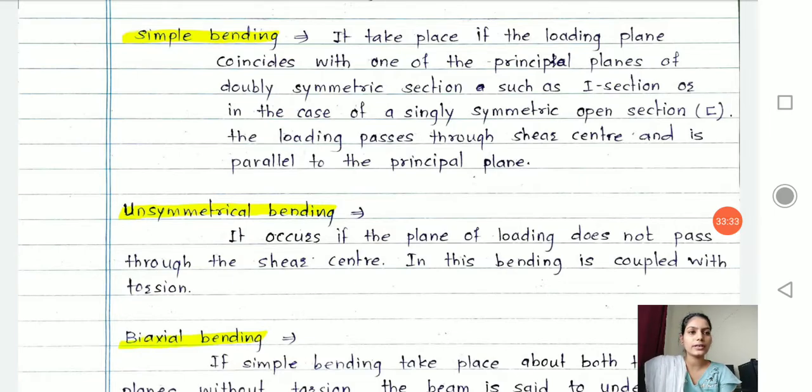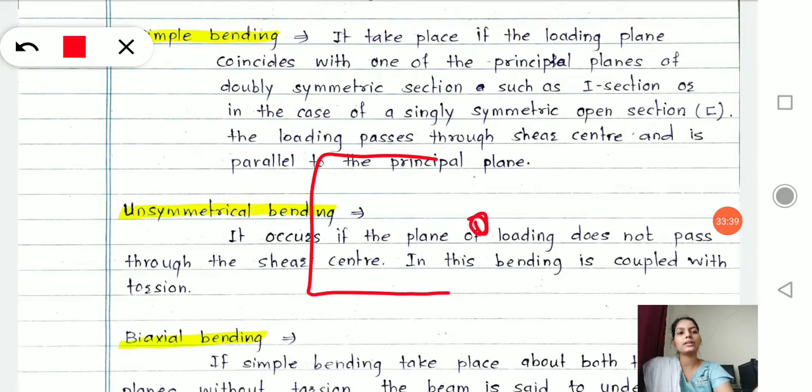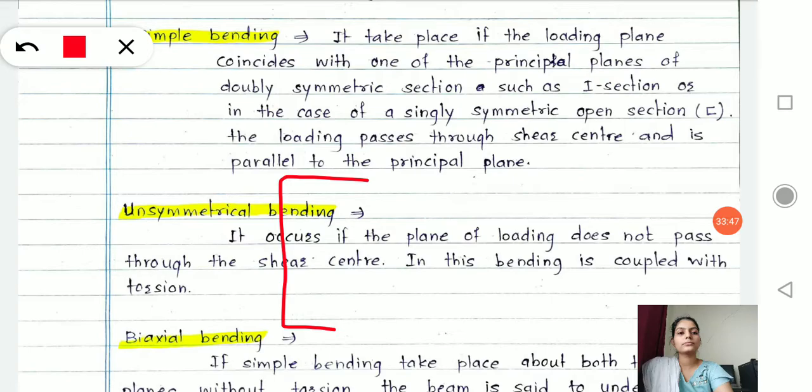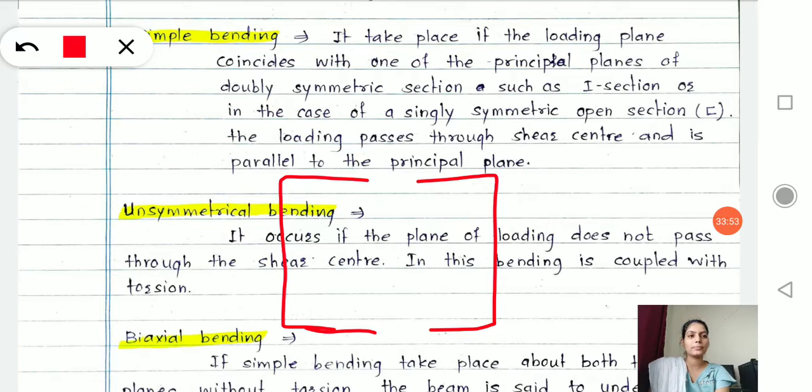Now what is shear center? The shear center concept is this: if I said this is a C section, the shear center lies somewhere here. If I use an open, singly symmetrical C section as a column or as a beam, then I must understand that the loading we have applied on this section needs to pass through the shear center.